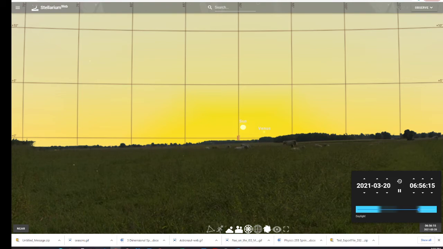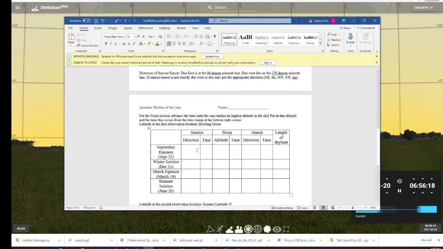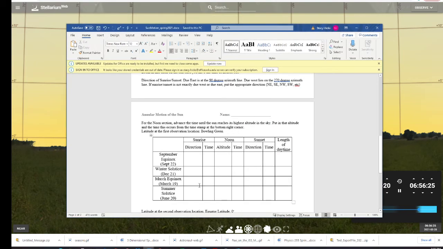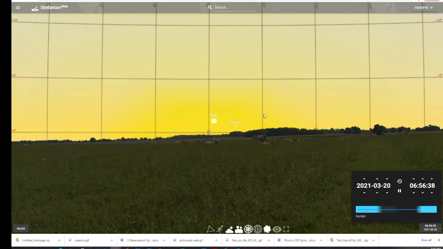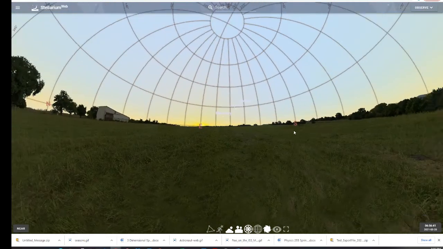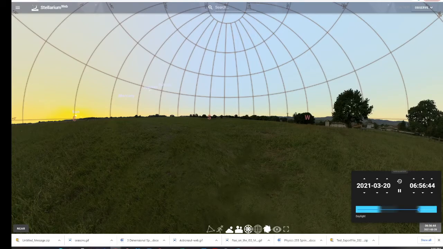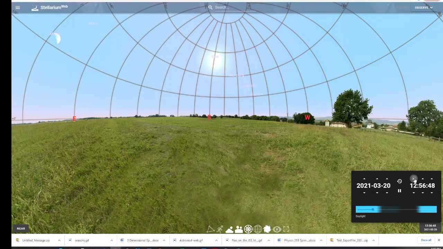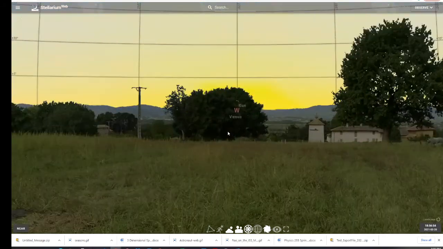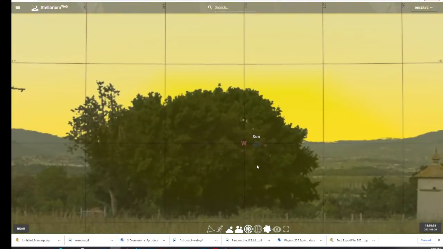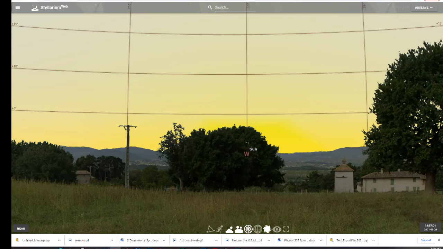So when you're asked for this direction on sunrise, if it's due east or due west, meaning that it's rising right around this 90-degree azimuth line for sunrise, or the 270-degree azimuth line for sunset, right, then you can put those directions as east and west.